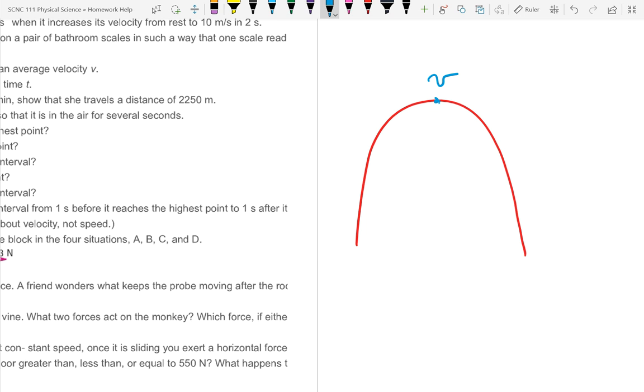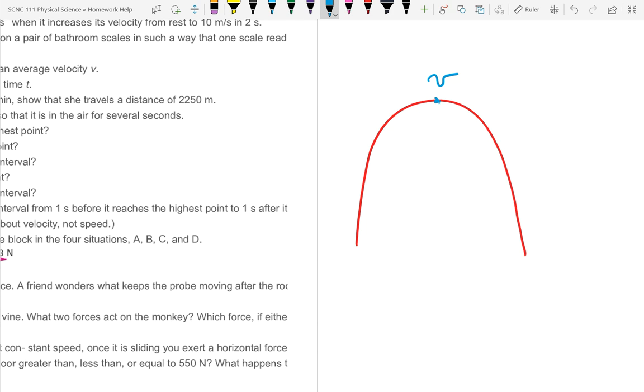Coming down, what direction is it moving? Down. So it has a downward velocity. Now, when it's going up, what's happening to the velocity? Is it going faster or slower with time as it's going up? It slows down.